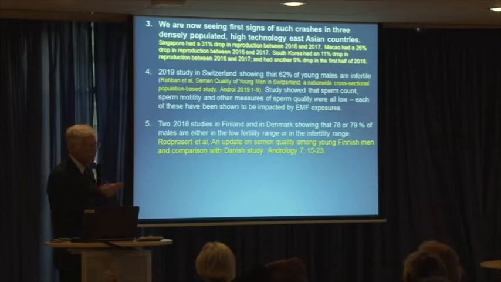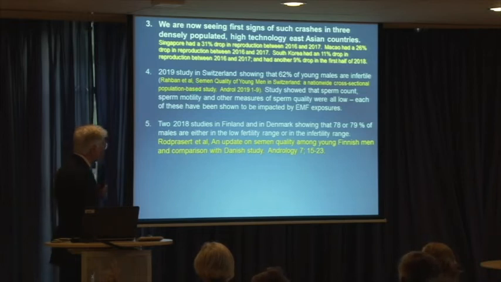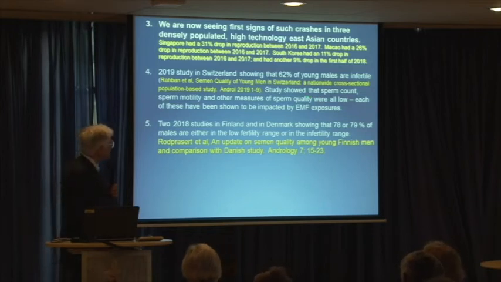So these are conventional measures that are used clinically to look at what males appear to be infertile. And so they had major impacts with lowered sperm count, lowered motility, and especially lowered levels of other measures of sperm quality. They said there were only 4% of the sperm that were normal.